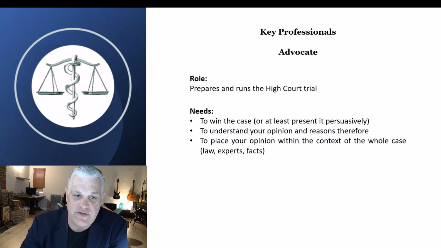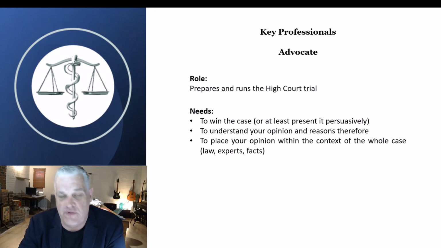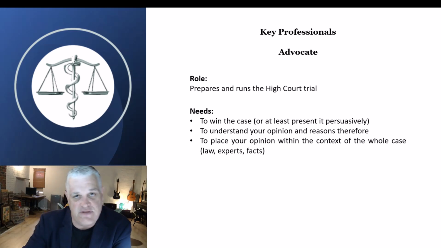And in order to do that, the advocate needs to understand the expert witness's opinion and the reasons for the opinion. Very important, because if the advocate understands the opinion and the reasons for the opinion thoroughly, then the advocate understands the expert's argument and understands the expert's case theory, and then is able to use that particular piece of information to build his or her case.